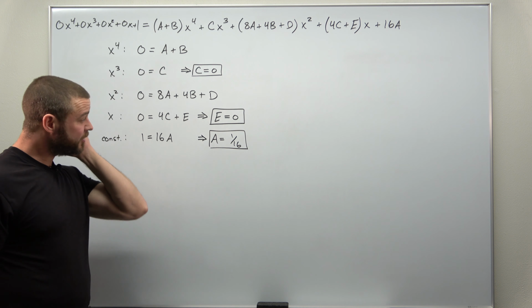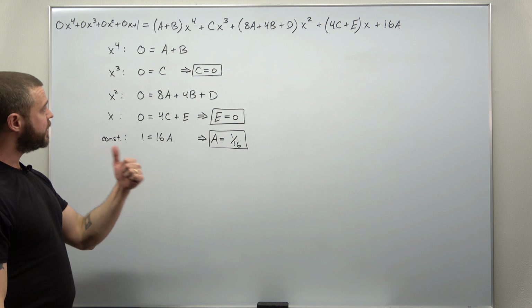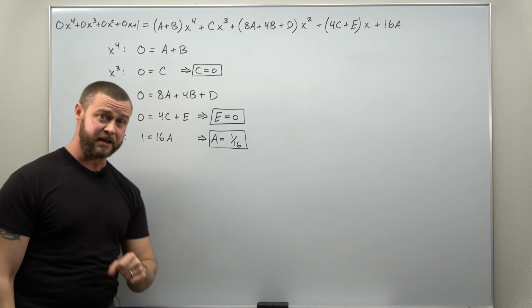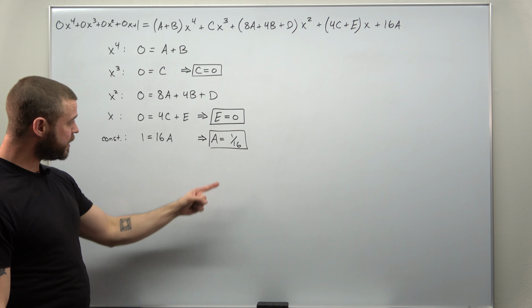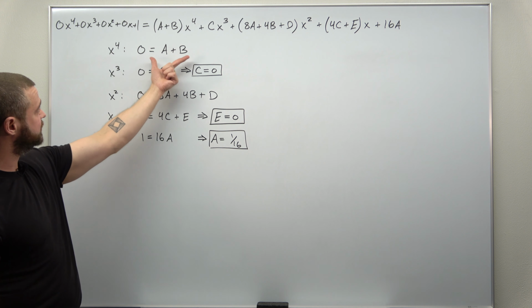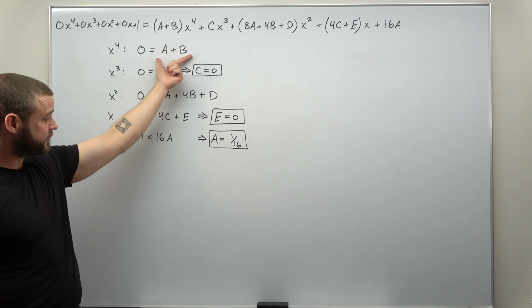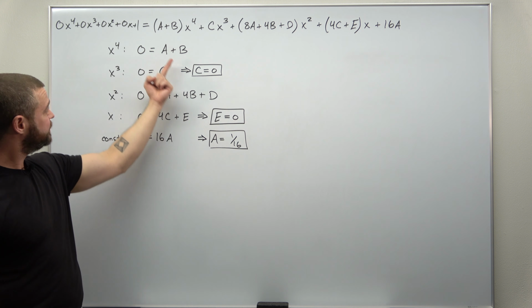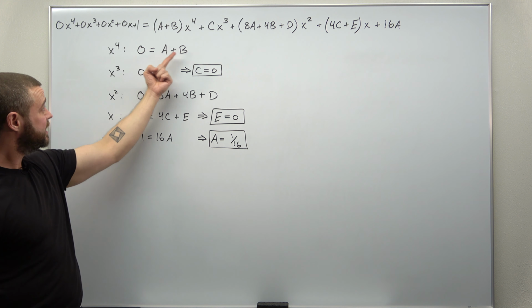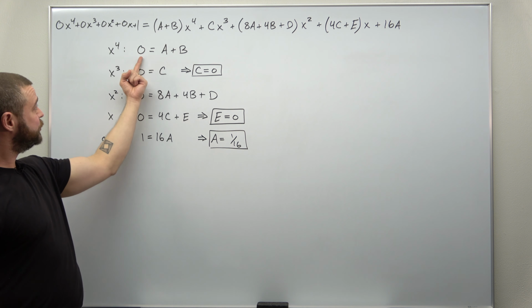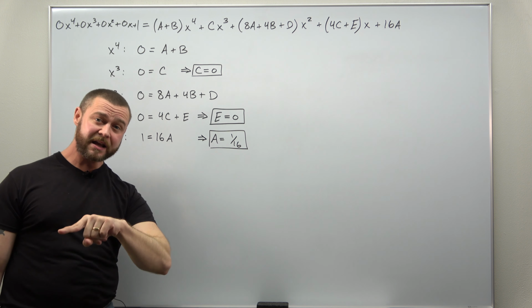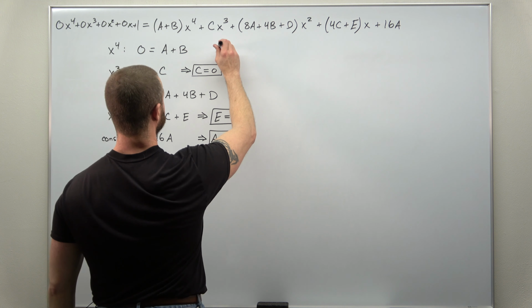All right, so what do we have left to determine? We don't know b and we don't know d. Well, let's think of what we know. Let's scan through our equations. This one is really nice. With the value of a as 1 over 16, that immediately implies, due to the 0, that b should be negative 1 over 16.